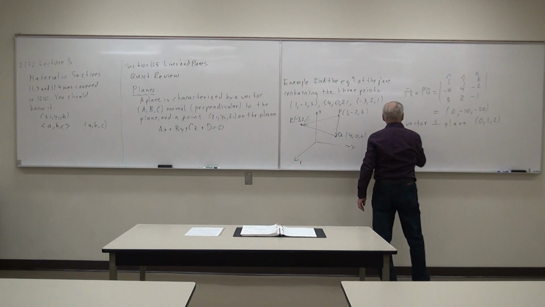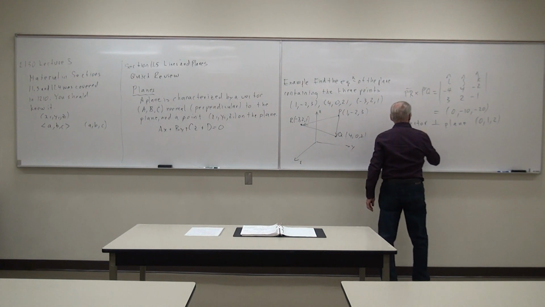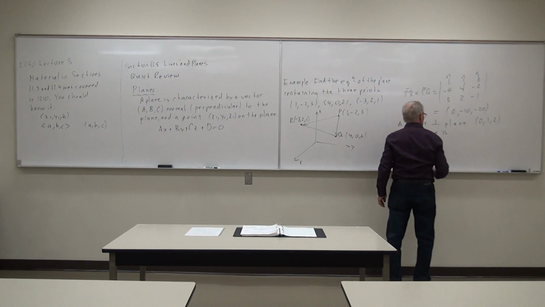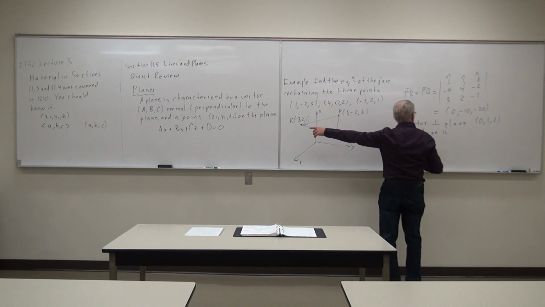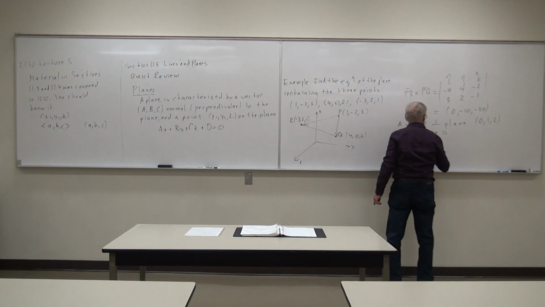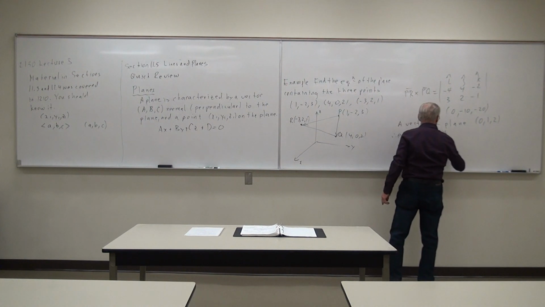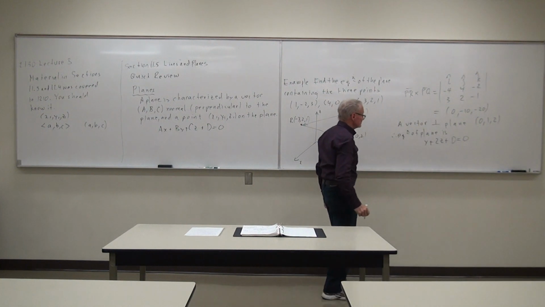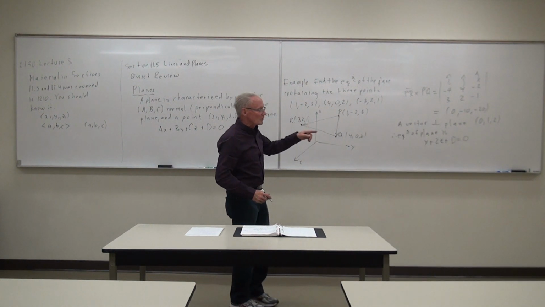Therefore, the equation of the plane has to be in the form AX plus BY plus CZ plus D equal to 0. So that must be the equation of this plane.